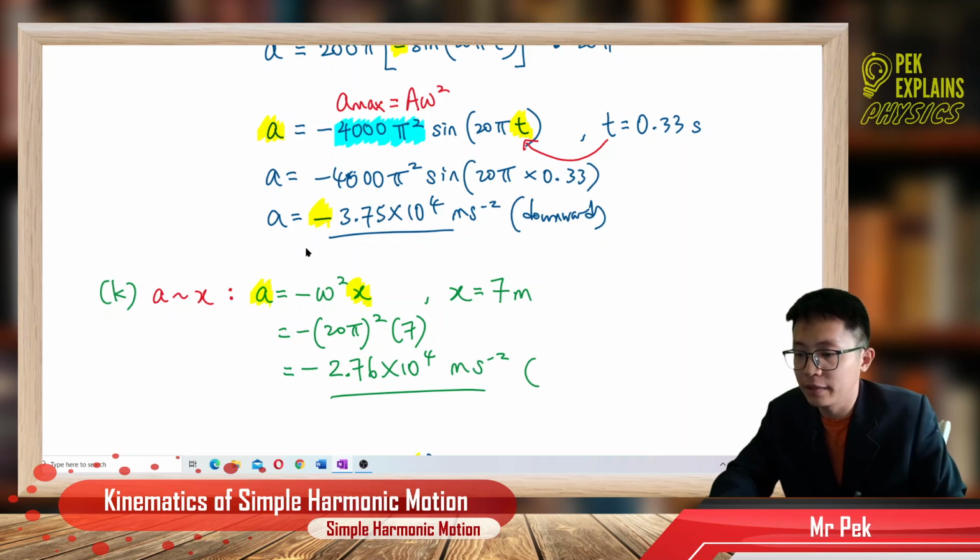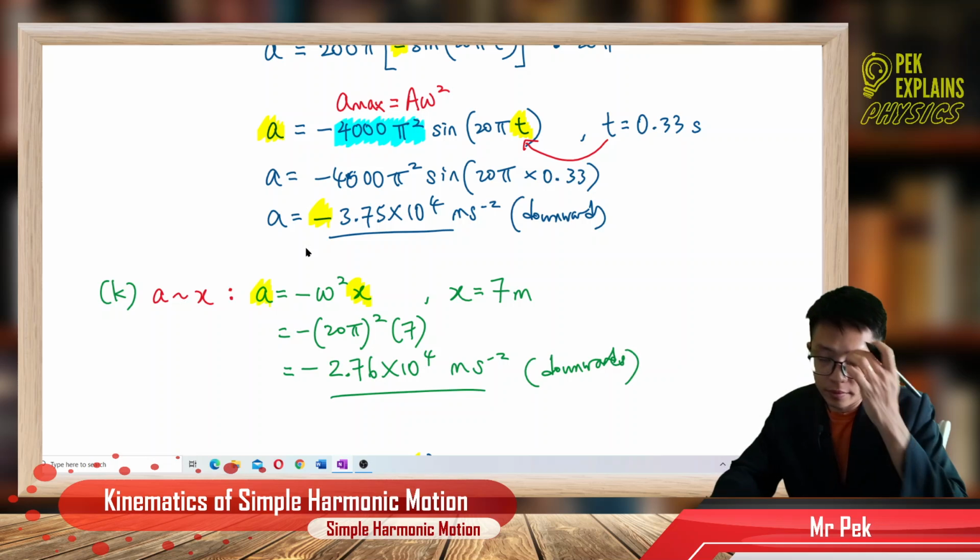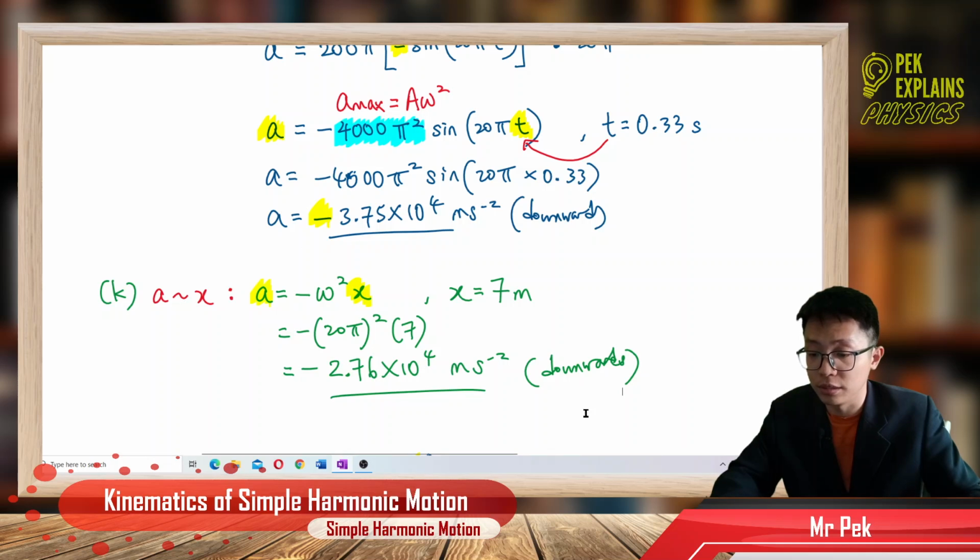So again, negative sign means it is downward, or to the left. Negative just shows the direction. So this is the acceleration when displacement is 7 meter.